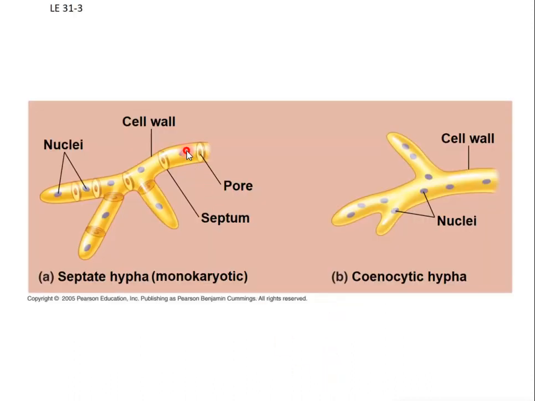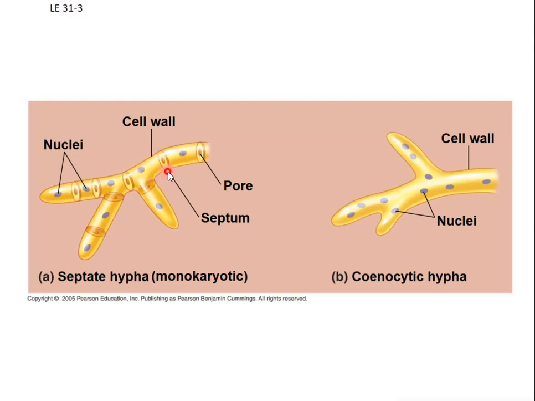You can see this is septate hyphae, monokaryotic classification. Why is it monokaryotic? Mono means one, karyotic means nucleus. Within each of these cells divided by septa, you can see a pore that allows even the nucleus to flow from one cell to another.